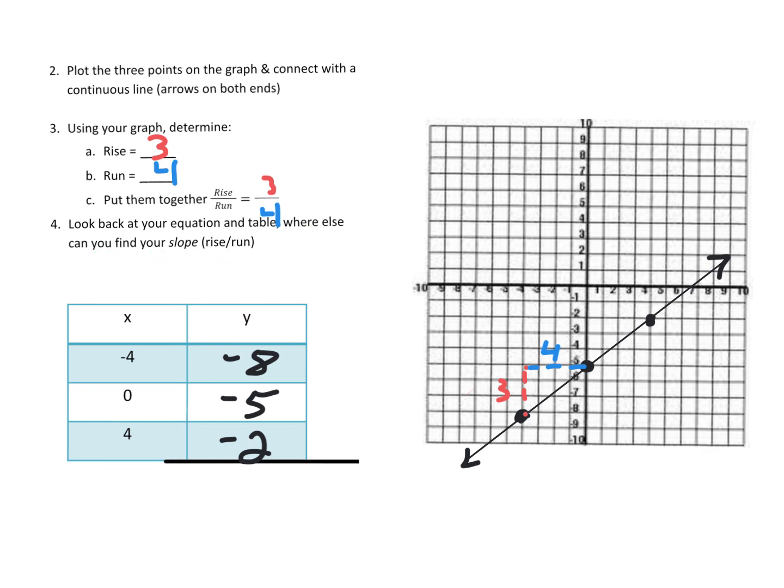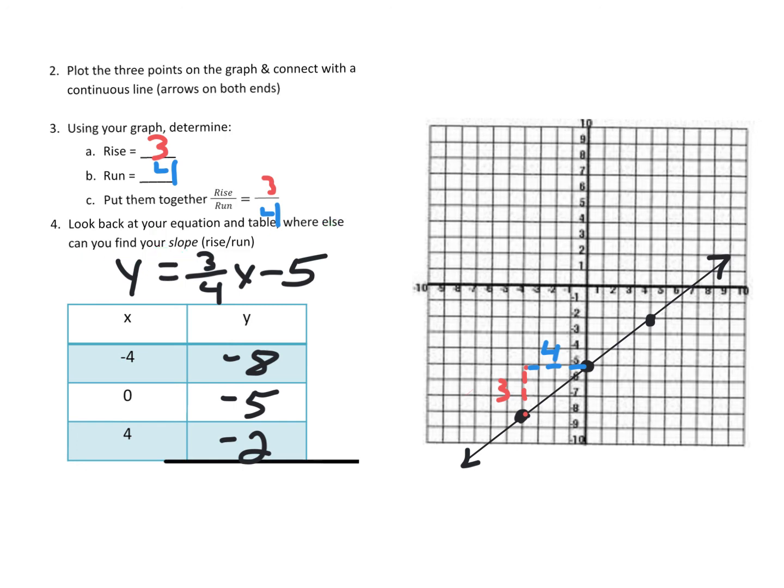Now let me remind you that the function was y equals 3/4 x minus 5, okay?